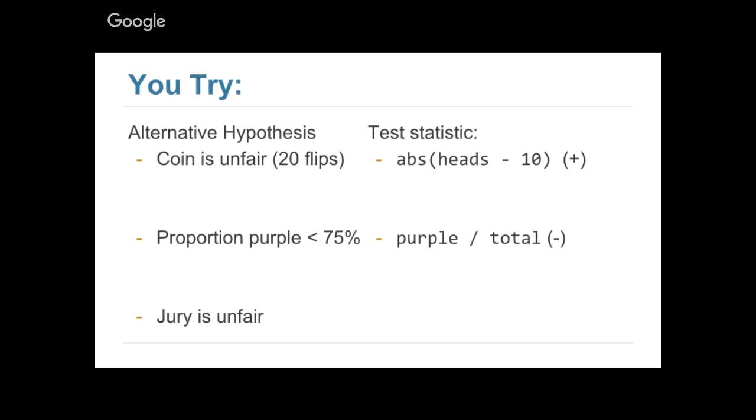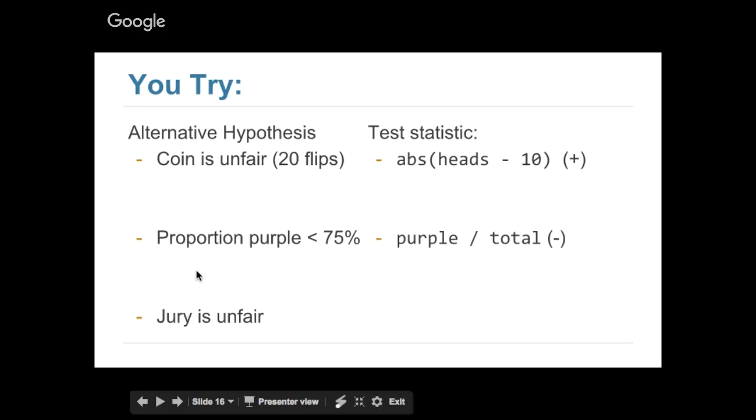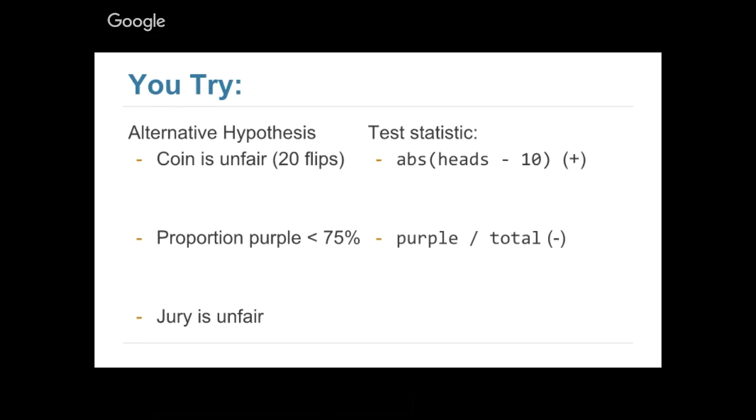Why do we look in the negative direction? That's because my alternative hypothesis is that the proportion of purple flowers is less than 75%. So I take what I observe and find out how likely I am to get my value or anything less than my value. For example, in the coolness case, I asked, am I less cool than the rest of the class?